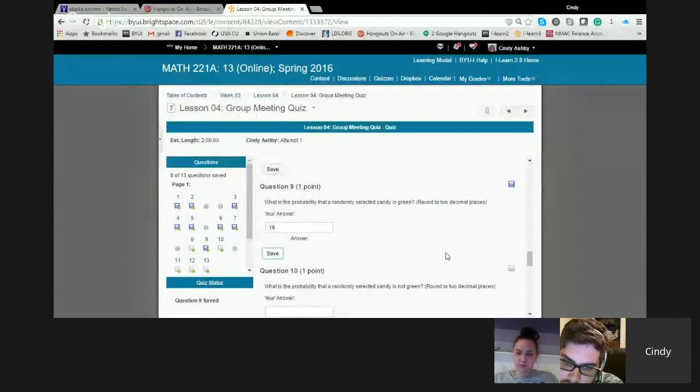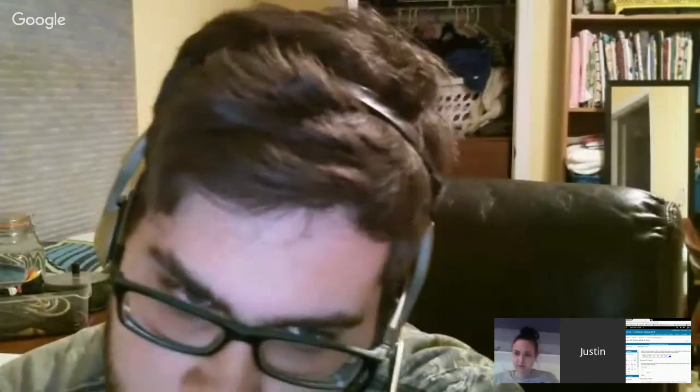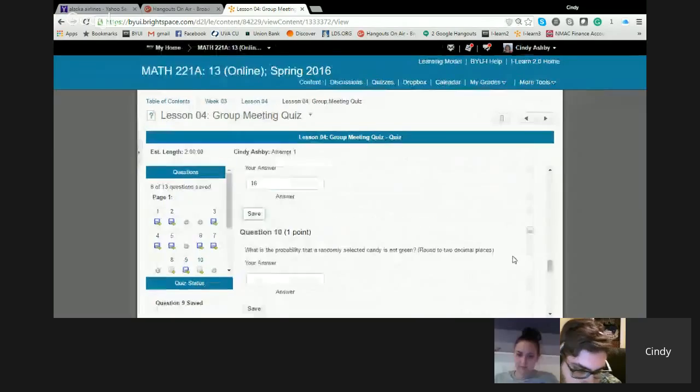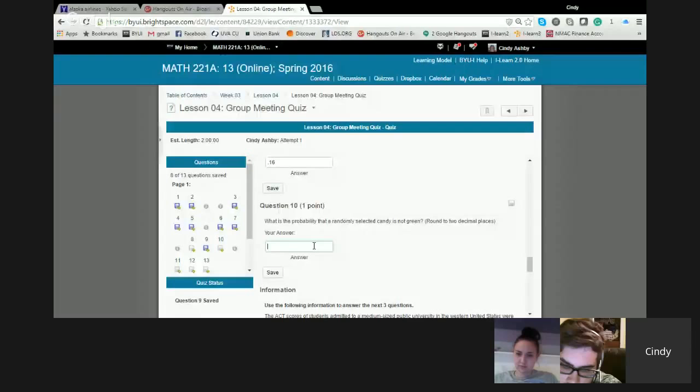Yeah, because everything else added up to 0.84, which is the answer to the next question. So what's the probability the randomly selected candy is not green? It's 0.84. Yeah.